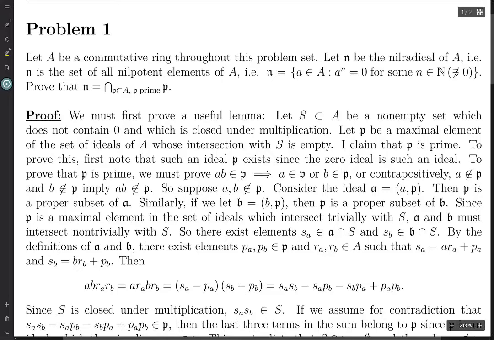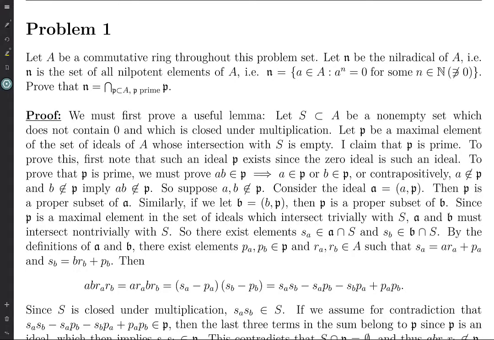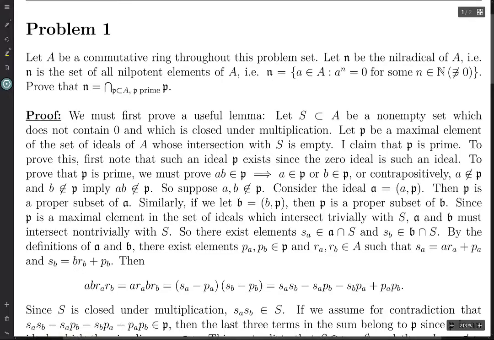And that's because any element in the ideal generated by A and P, you can write as finite sums of multiples of elements in P plus multiples of A. And by multiples, I mean multiples with coefficients in the ring. So in particular, we can take A and multiply it by some R and then add some combination of things in P, which will itself be a thing in P.